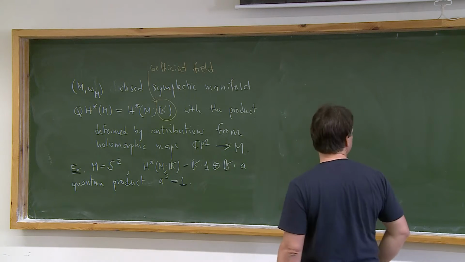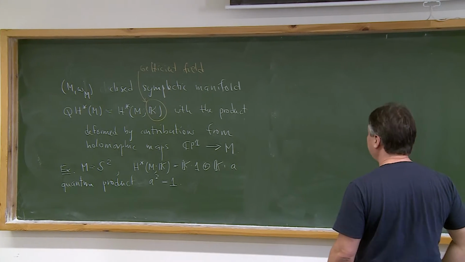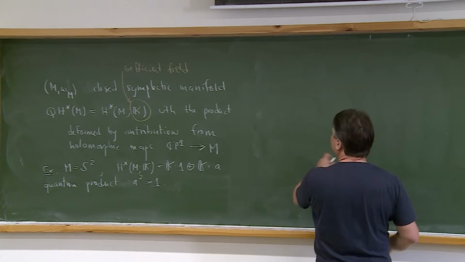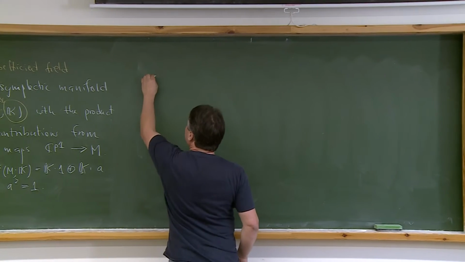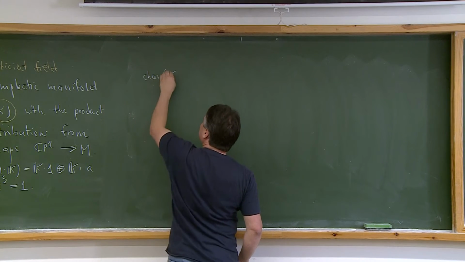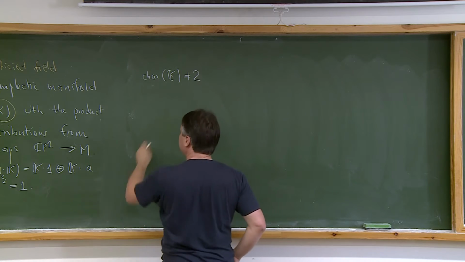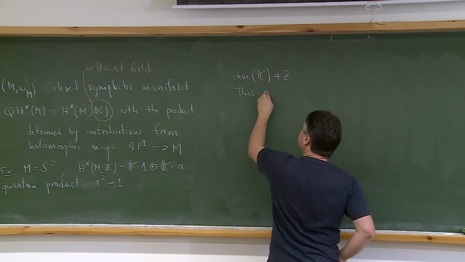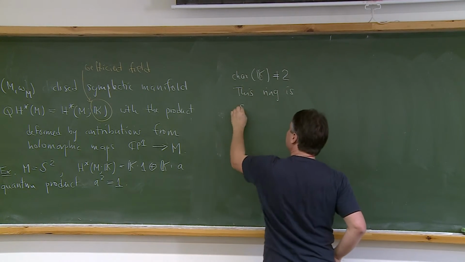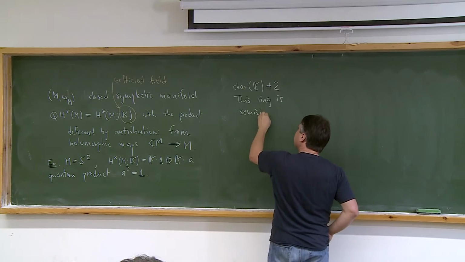Okay, now I want to point out something to you, which is fairly obvious, which is that if the characteristic of K is not equal to 2, then this ring is semi-simple.